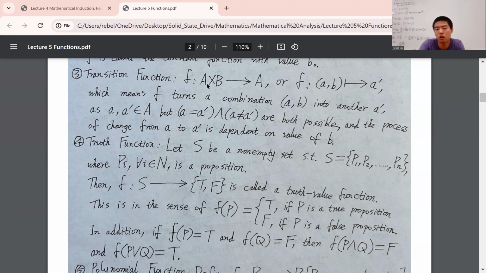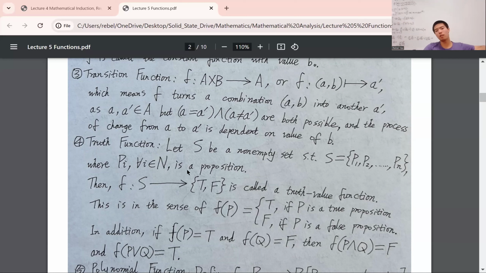It goes from the two-dimensional A times B, the Cartesian product of A with B, to a single A. Element-wise, (a, b) as an ordered pair goes to a single element a'. So f turns a combination (a, b) into another a', which is single and one-dimensional. So in this case, the dimension is decreasing.